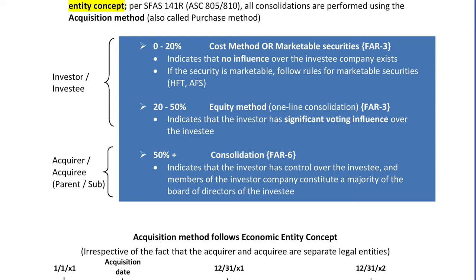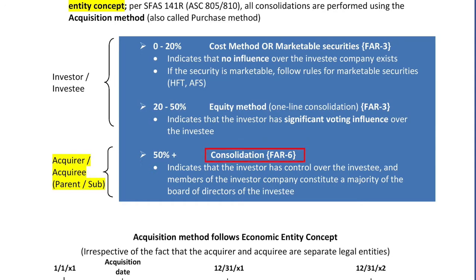Now in this section, we are looking at the investor having more than 50% stake, such that the investor controls the investee, and we're going to call the investor the acquirer, and the investee will become the acquiree, or the investor is the parent and the investee is the subsidiary. In such cases, we are required to go for, put a box around, consolidation.